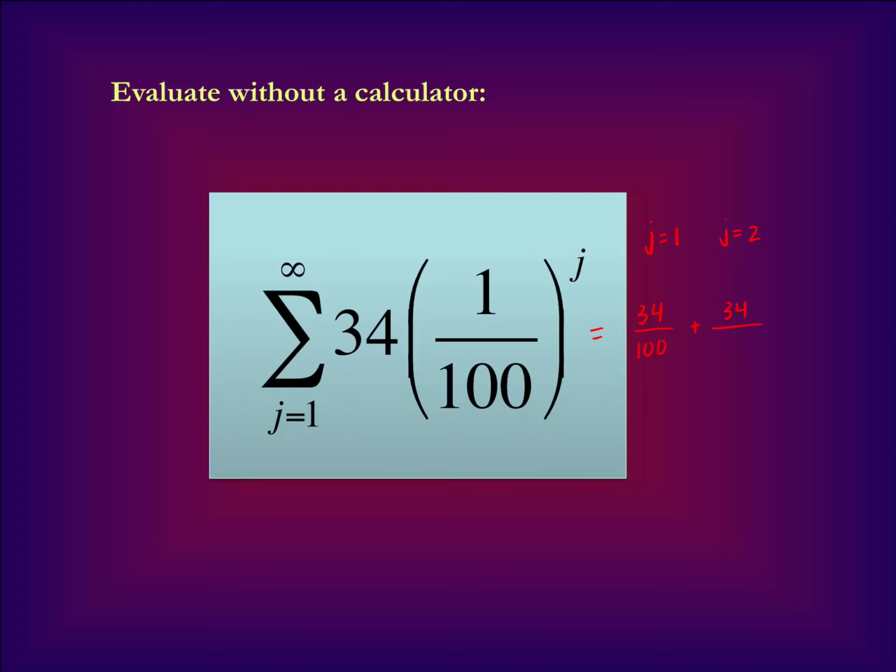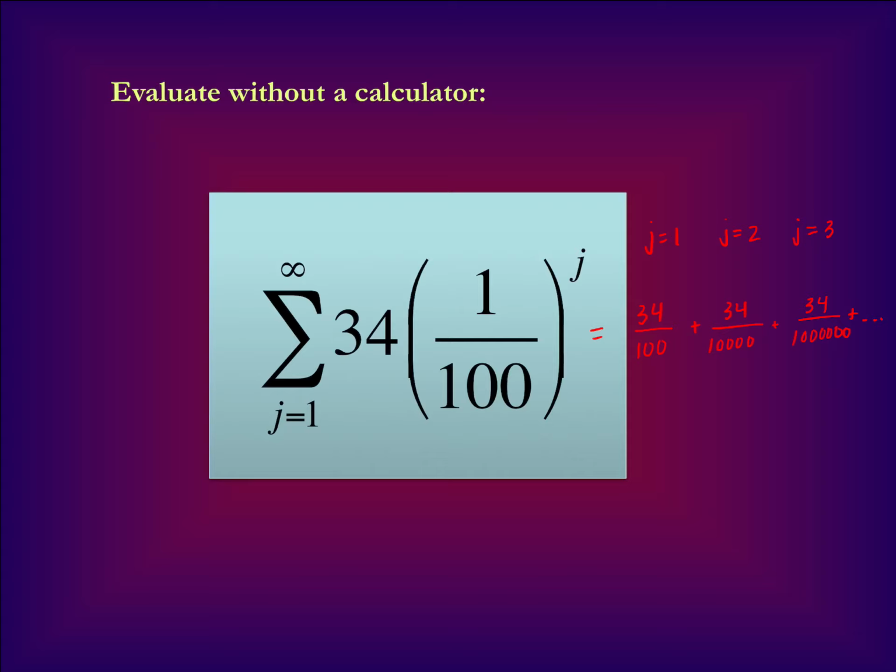So this is 34 over 10,000. Plus, if j equals 3, 34 over 1 million. And it just keeps going, going, going.